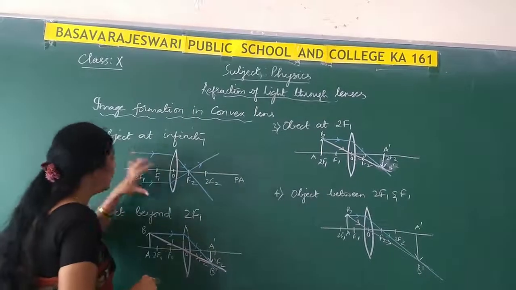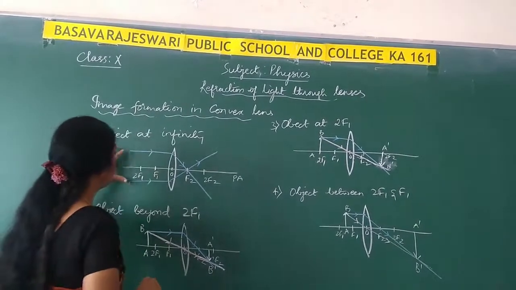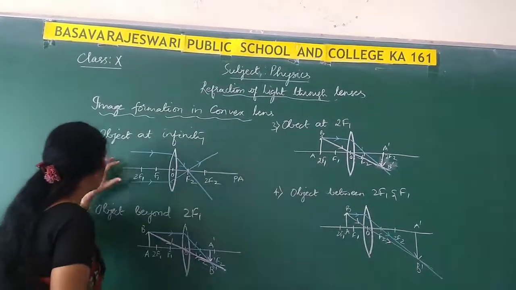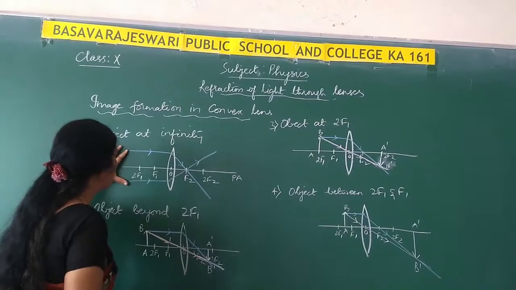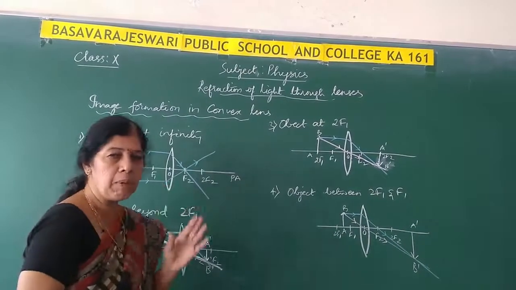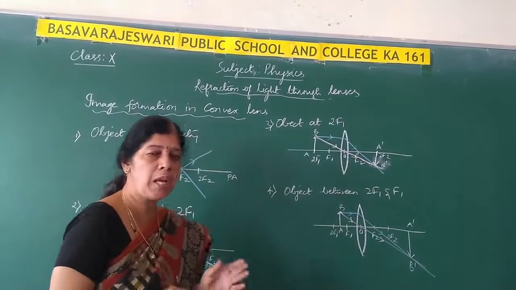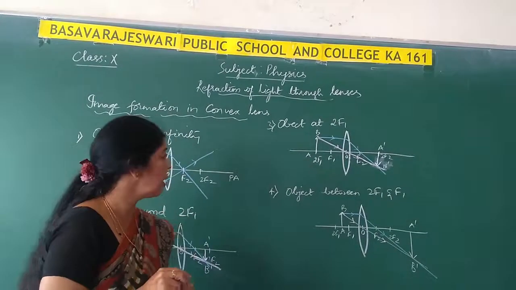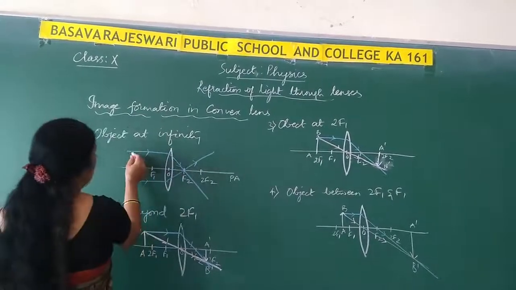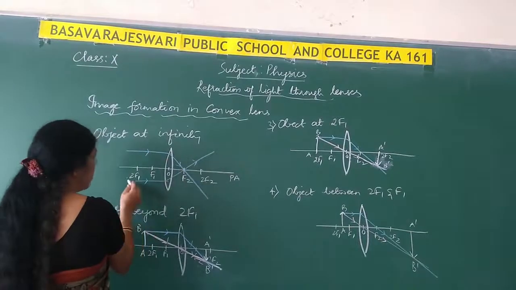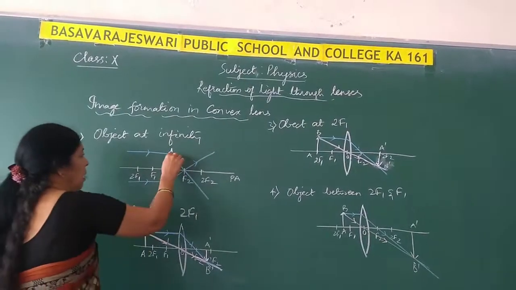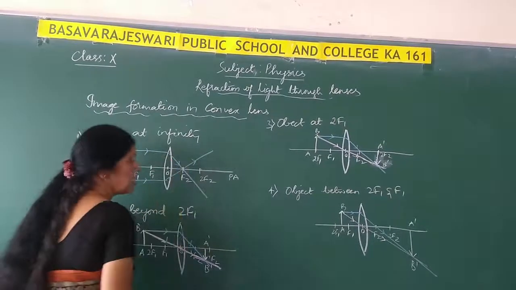After marking all these points, we shall consider rays coming from the infinite object. The rays must be considered parallel to the principal axis because the object is at infinity. Remember, whenever the object is at infinity, we consider the light rays coming from the object as parallel. After refraction, they pass through the principal focus.